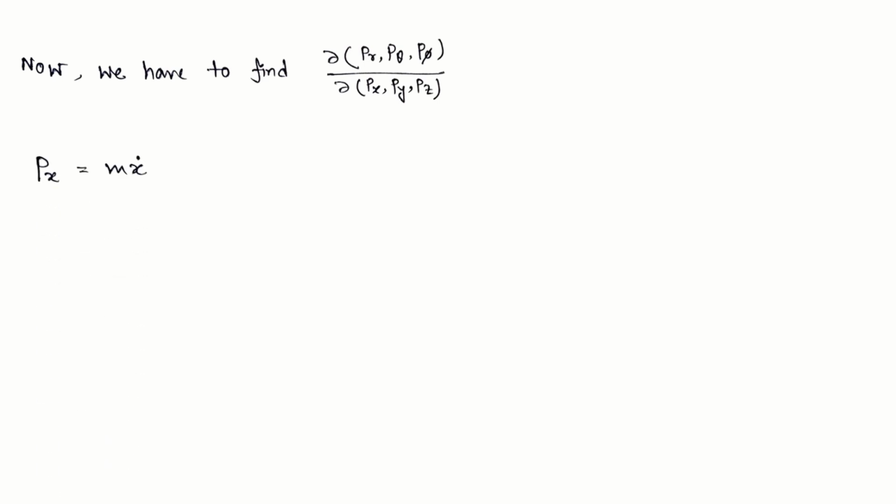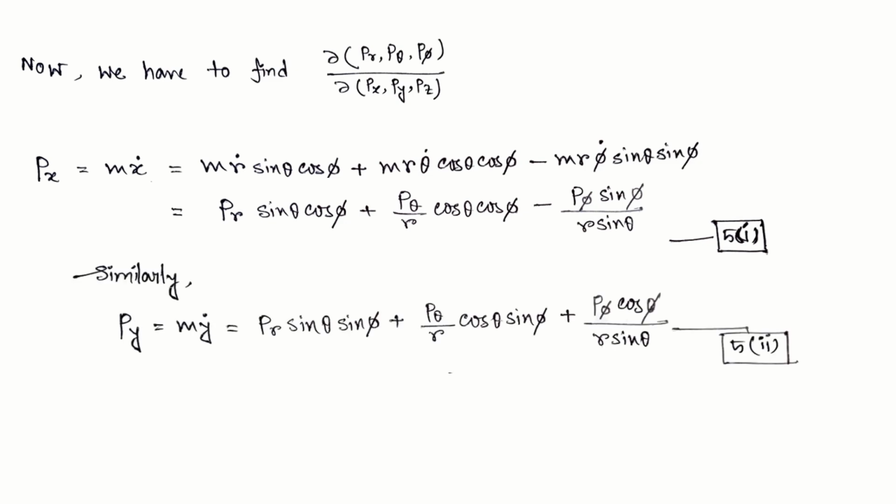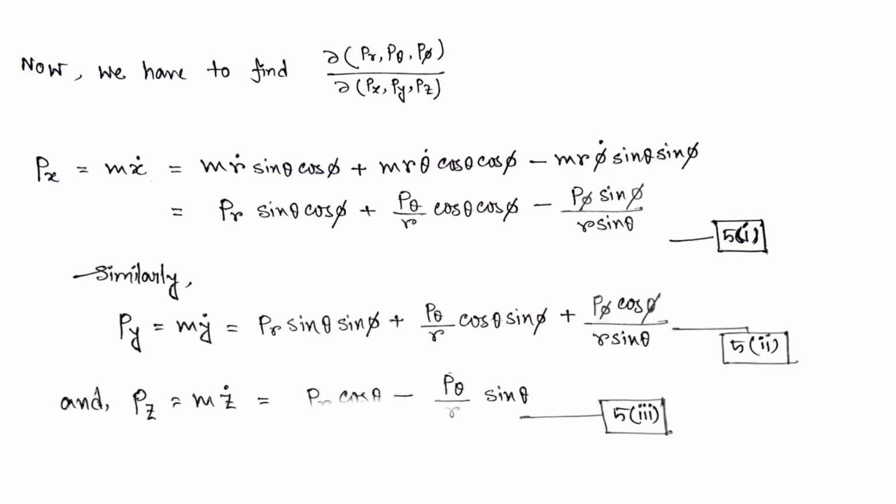We can write p_x as m x dot, and from x equal to r sin theta cos phi, we can calculate x dot, and we put that here. After simplification, we will get this type of result. Similarly, for p_y and p_z, we will obtain this type of equation. So everything is now ready, and now we can calculate it easily.